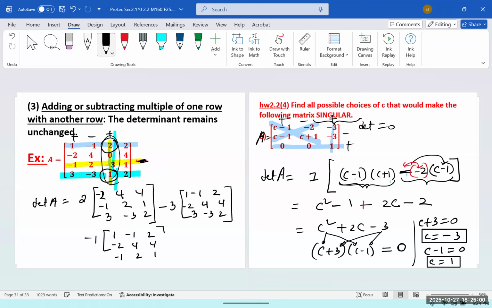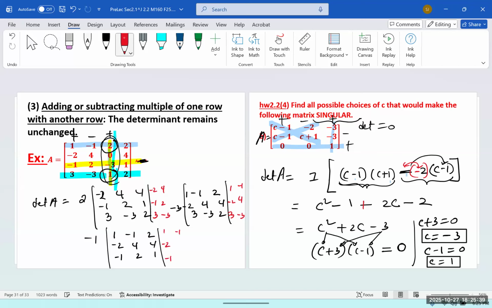Negative 1, 2, 1. Yeah, I have space, so let me squeeze them here. Negative 2, negative 1, 3, 4, 2, negative 3. And 1, negative 2, 3. Negative 1, 4, negative 3. 1, negative 2, negative 1, negative 1, 4, 2.